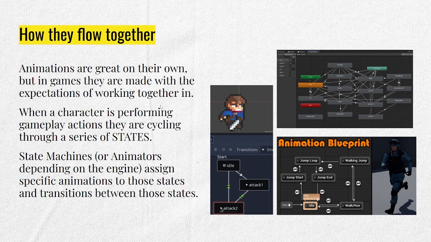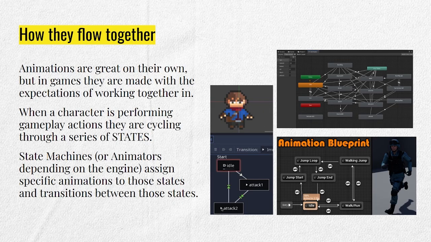But how do they flow together? This is a state machine. State machines, or an animator, depending on the engine. The way that this works is that when you have a character, like the asset of a character in your engine, moving throughout the environment, moving throughout your game, they have a state.